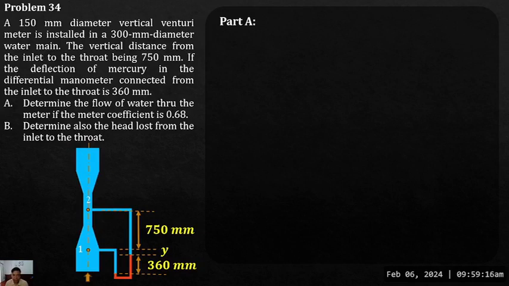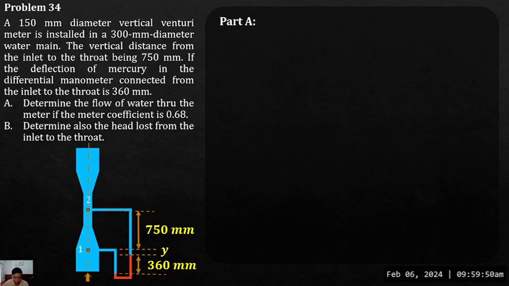After nitong problem na to, we'll have our break. So pag bibigyan tayo ng meter coefficient, no, ibig sabihin yan, pinapahanap yung actual na values, okay? So in this case, actual discharge yung pinapasolve for letter A. So how do we find for the actual discharge?